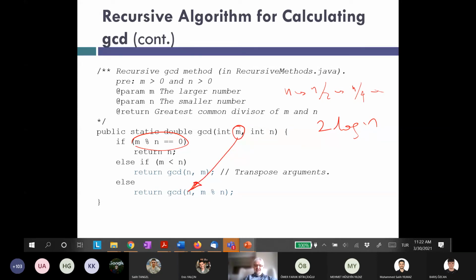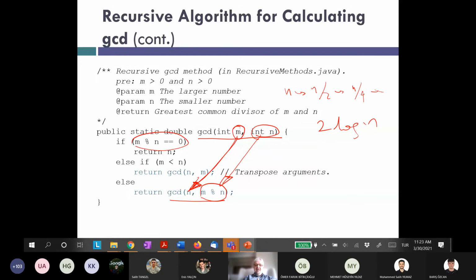So the first parameter is smaller. So when you look at the problem size here and look at the problem size here, the first parameter is smaller. And the second parameter is n, and m mod n here. M mod n is less than n, right? So it is again smaller.